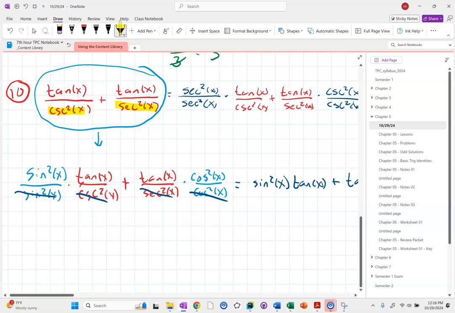When I see denominators that are reciprocal guys, like secant, cosecant, cotangent, just multiplying them by their reciprocal to give you a common denominator of 1 is often going to be the easiest route. Let's get rid of all the fractions we can as soon as we can.